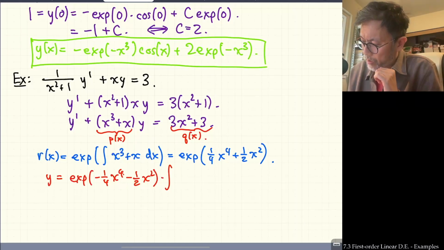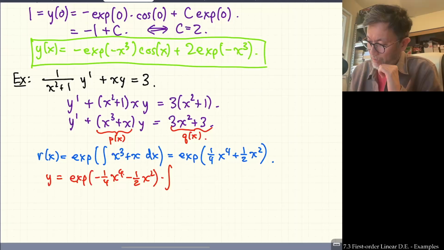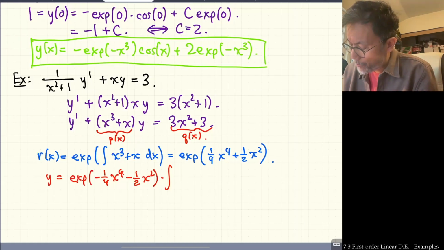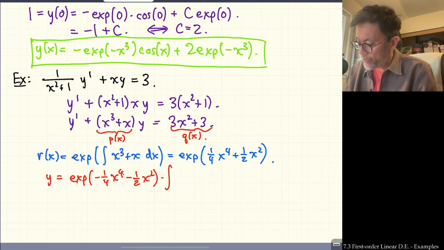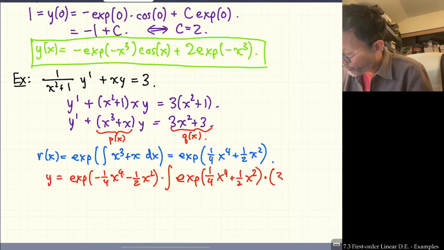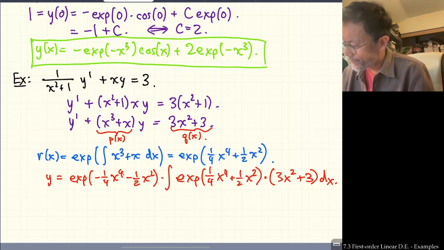Times the integral of, oh my God, really? Oh, let's see what happens. I'm a little scared. So r of x, which is exp of 1/4 x to the 4th plus 1/2 x squared, times 3x squared plus 3. Hmm.